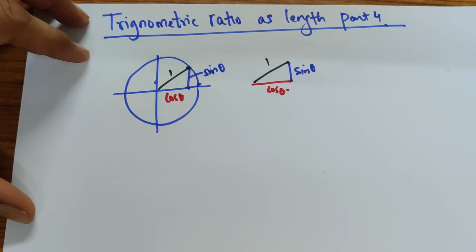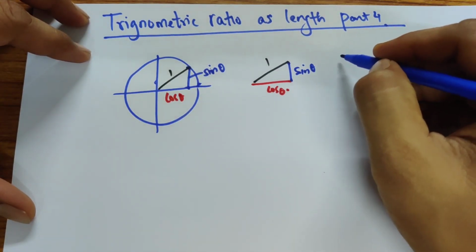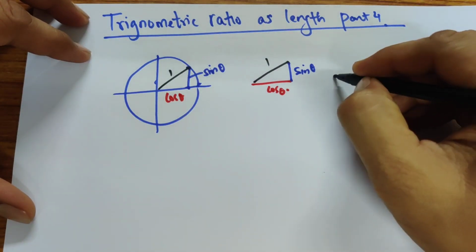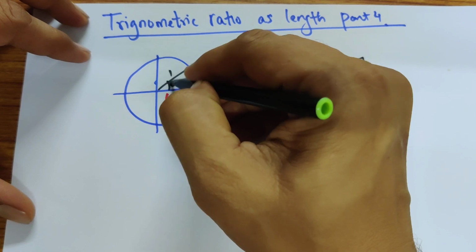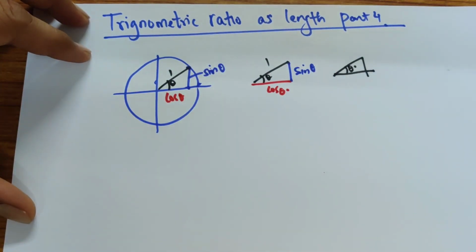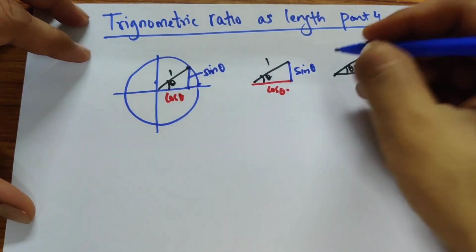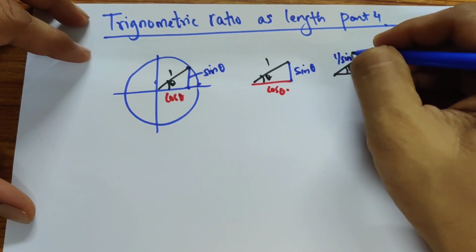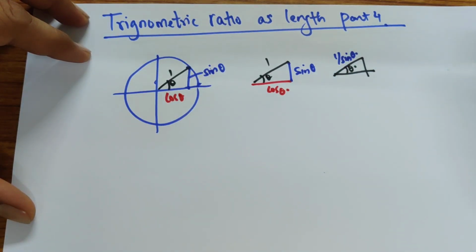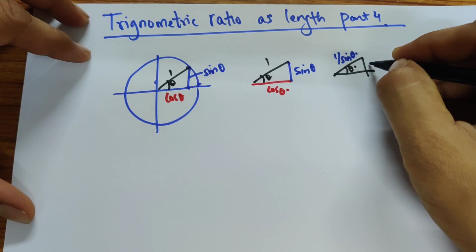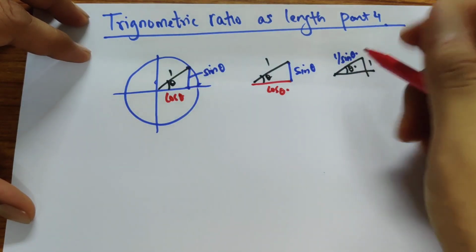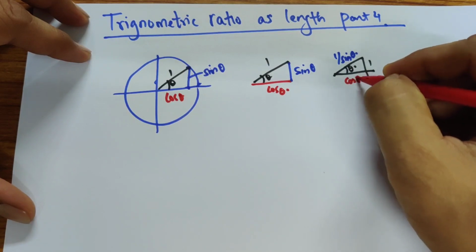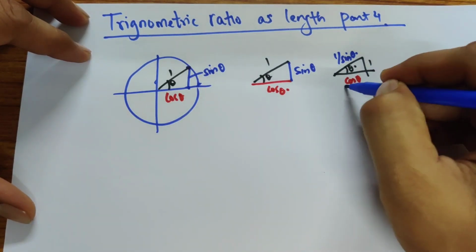So I'm going to divide everything by sine theta. Remember this is all with this angle theta. So my hypotenuse simply becomes 1 by sine theta, the opposite side becomes 1, and this side becomes cos theta by sine theta.